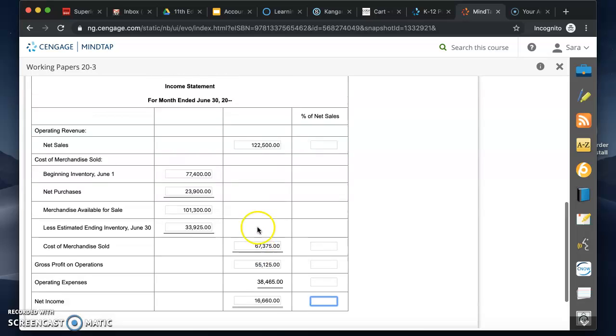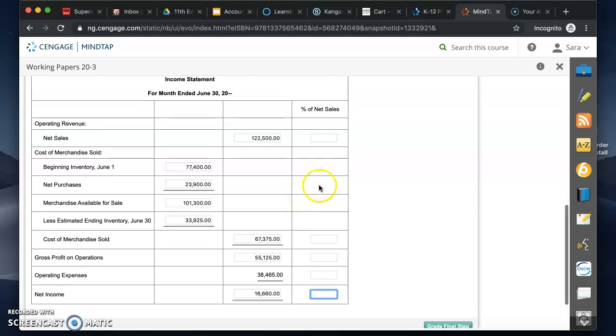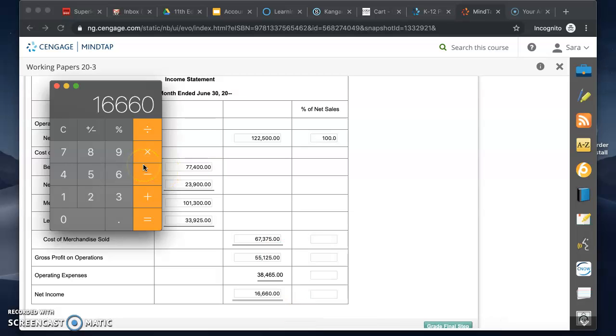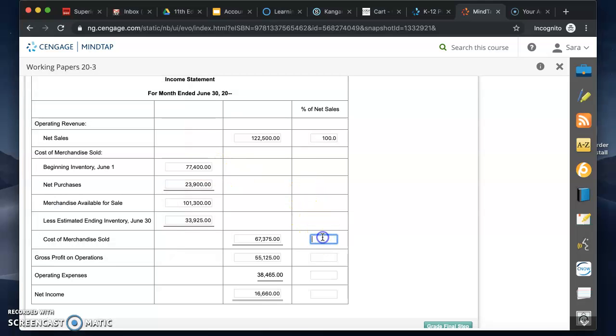Okay, and then the final thing we do is calculate our percentages over here. Net sales will always be 100%, and then we're just dividing each number by the sales number. So 67,375 divided by 122,500 gives us 55%.